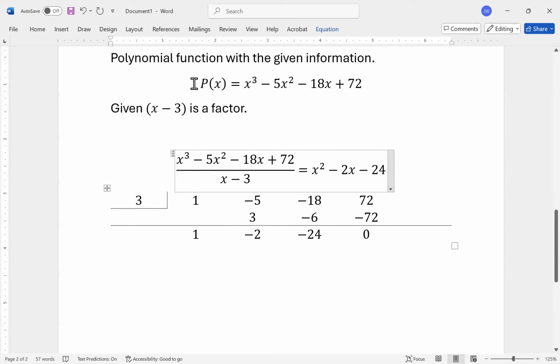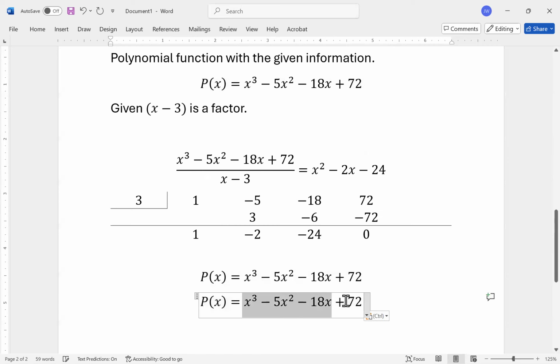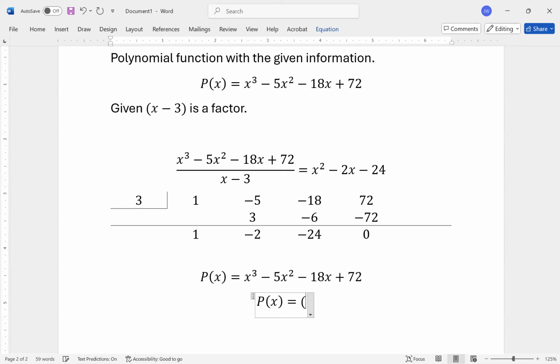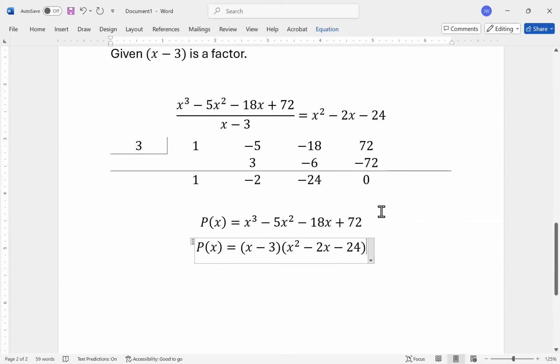So that means the original polynomial function that I had can be rewritten as x minus 3 multiplied times x squared minus 2x minus 24. Now I want to find the zeros of this polynomial function. So I need to find the things that will make x minus 3 zero and the things that will make x squared minus 2x minus 24 equal to 0.